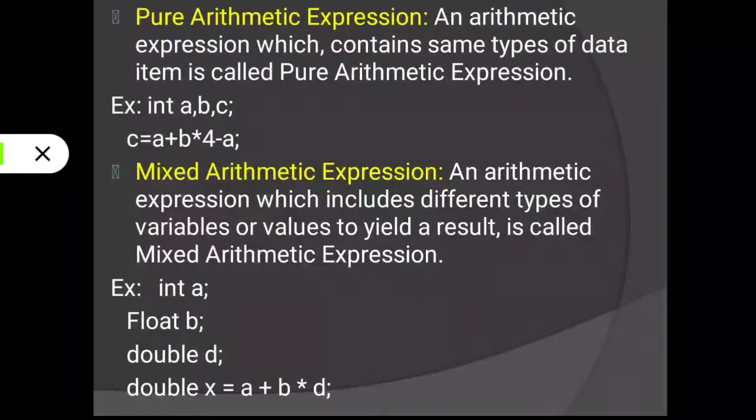You can see here we have declared int a, b, c, so all three variables are of int type. When we create any expression using these variables, that expression is called a pure arithmetic expression. Understood? Then next we will proceed.